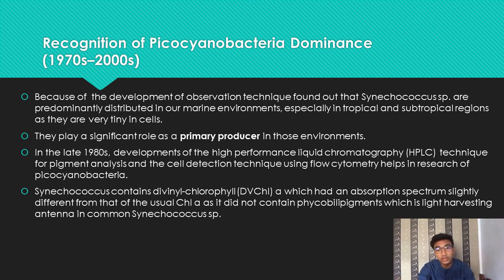They found out that this Synechococcus contains divinyl chlorophyll A, which has an absorption spectrum different from usual chlorophyll A, and it did not contain phycobilipigment, which should be present in common Synechococcus. So what is phycobilipigment? Phycobilipigment is the light harvesting antenna in common Synechococcus.